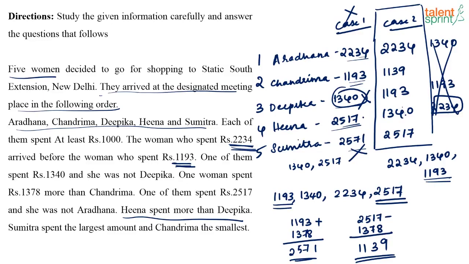Then again they are giving that the woman who spent 2234 arrived before the woman who spent 1193. That is also very important. If you put Aradhana as 1340 here, what will happen? Deepika will be 1193, this person will be 2234, not possible. The statement that the woman who spent 2234 arrived before the woman who spent 1193 will go wrong.